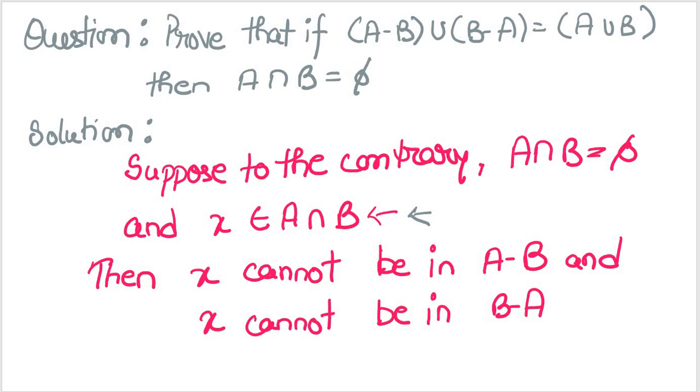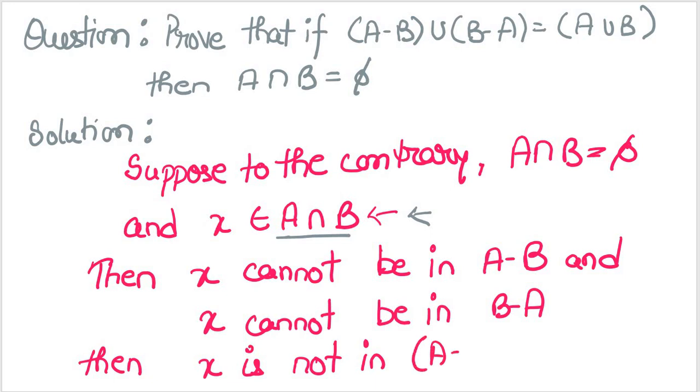X is a common element in both A and B. That's why we are saying x exists in A and B. So if we are going for the A minus B or B minus A, x will be excluded. So in that case, then what I'll have is that x is not in (A minus B) union (B minus A), right? From this and this I am getting this.